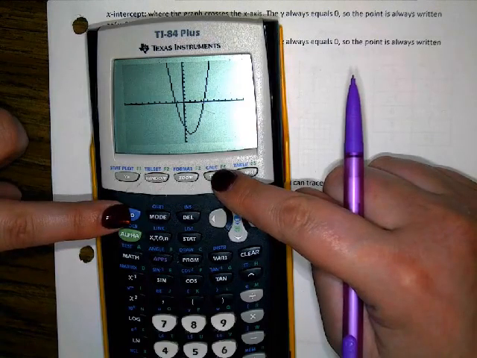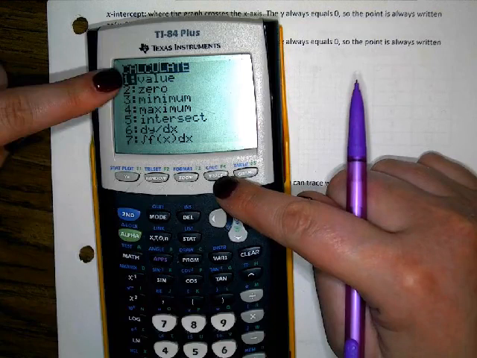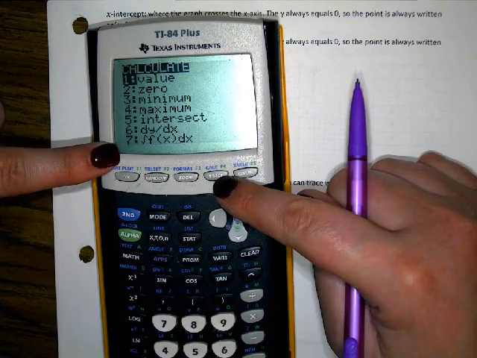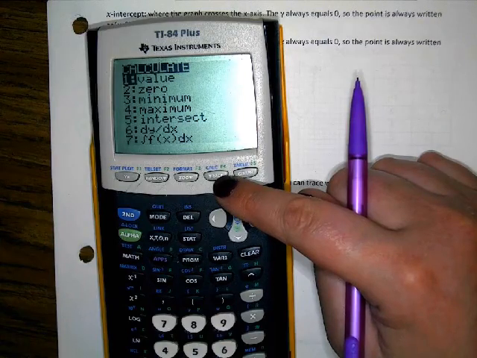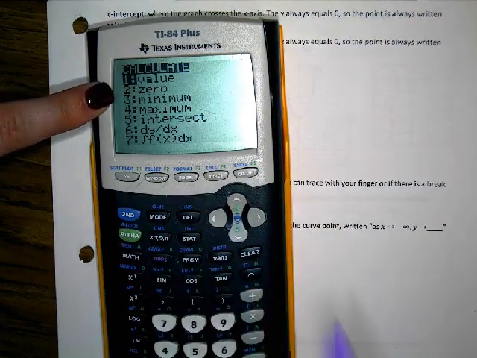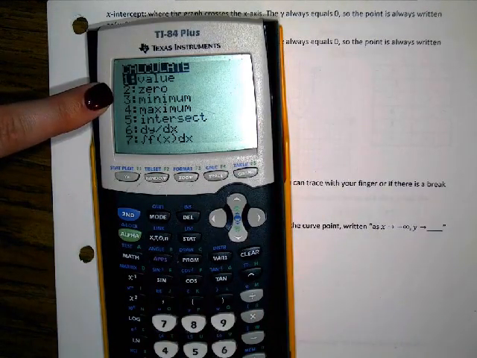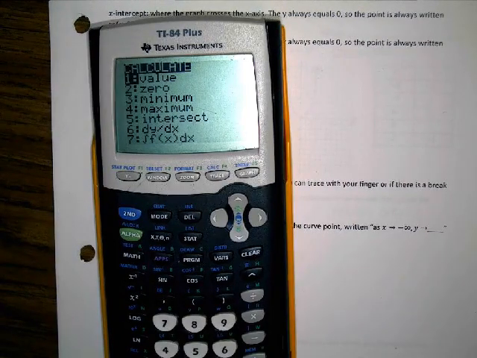So another word for x-intercept is the 0 of the function, because when you find the x-intercept, the y value is 0, and y equals the function. So a lot of times they call the y the function. Y equals the function, so they say the function. So the 0 of the function is another way to say x-intercept.